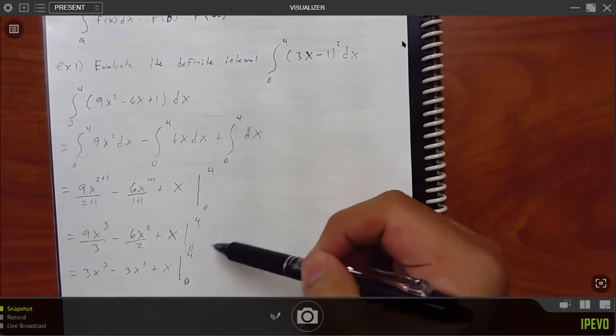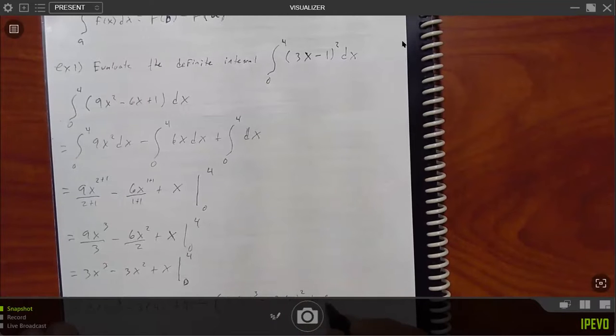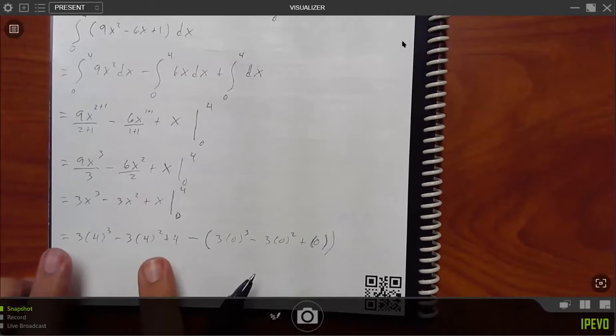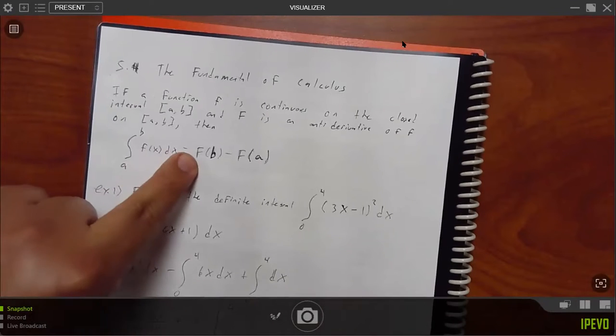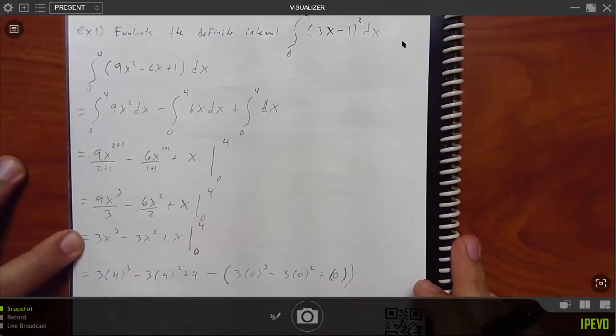So the fundamental theorem of calculus says you do the top first, plug in the 4 into every resulting antiderivative, then subtract by the lower bound, which in this case will be 0. That makes sense? So this is my b minus a inside of capital F. We found capital F, meaning the antiderivative, which is this. And then we plug in b and a.